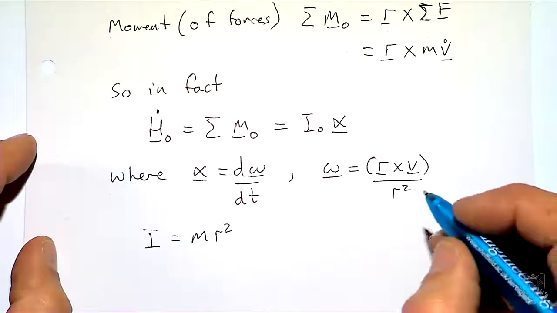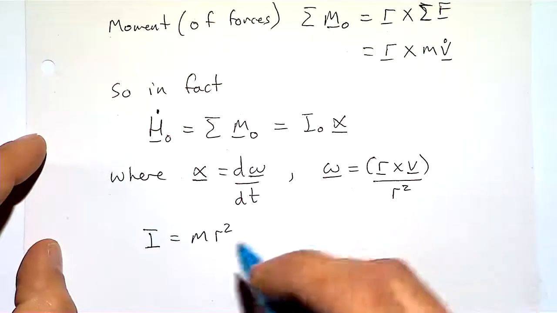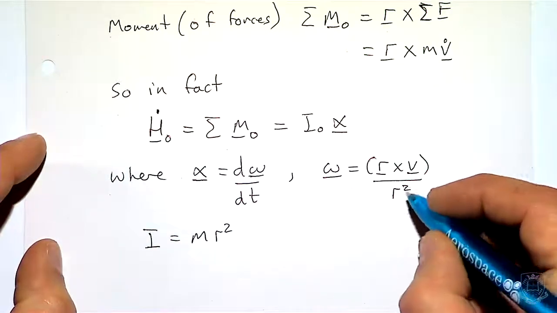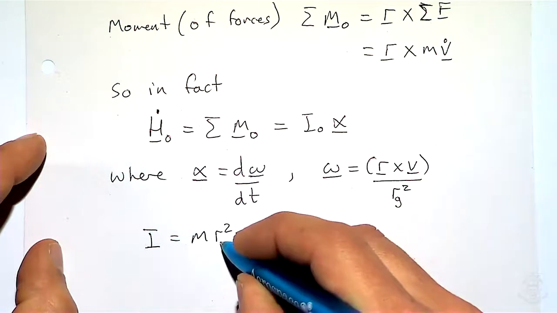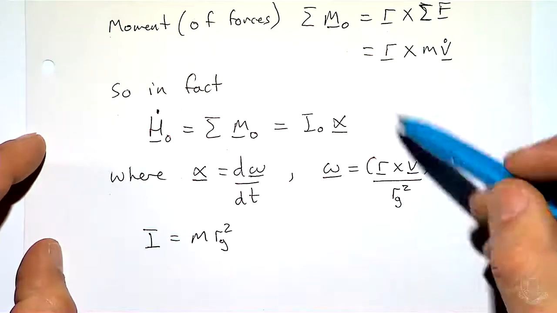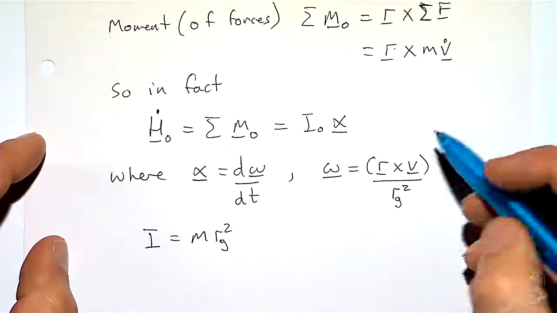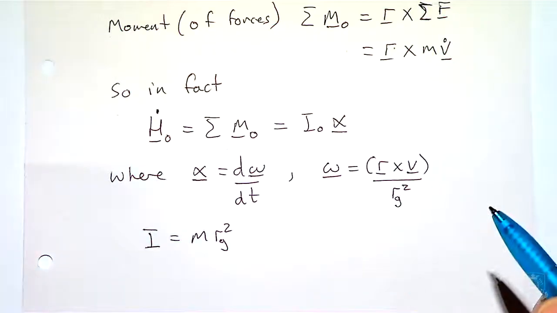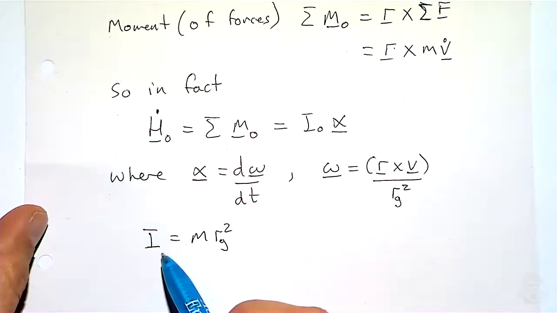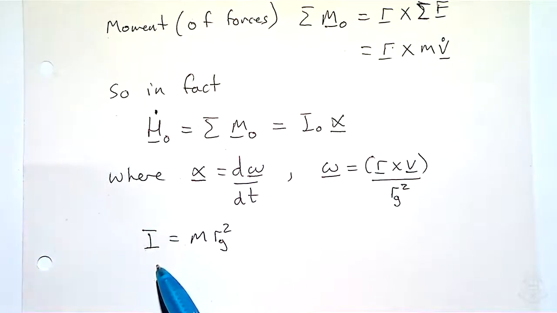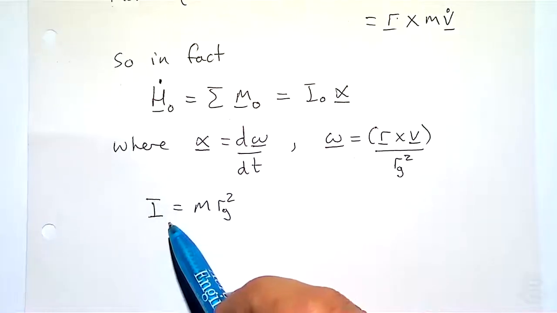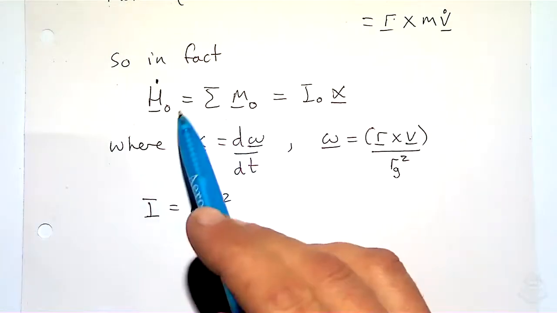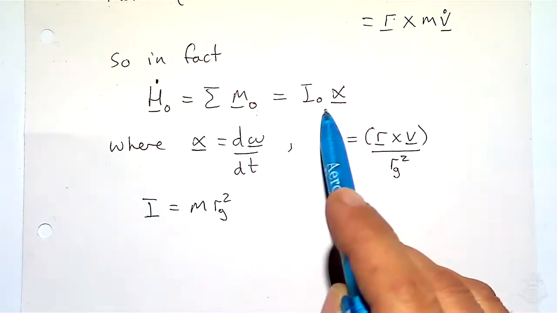What I'm going to do is, because I've used this r squared here as a generic term for radius of gyration, let's just put a little g here, because I don't want this to be mixed up with this r vector, okay, so this comes from the properties of the body. And also here where I've put this I, I haven't put this as subscript 0, because these things are relative to the point that we're taking in space.